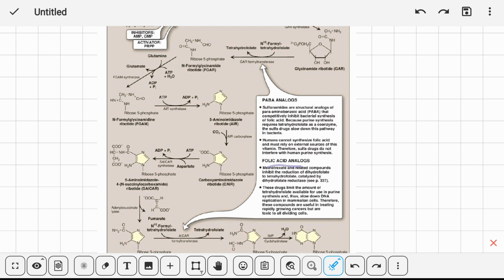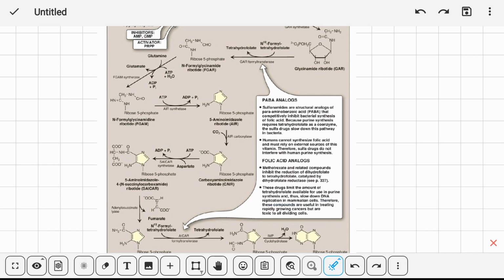Whereas folic acid analogues actually inhibit this entire process in humans. These drugs include methotrexate and some related compounds, which inhibit the reduction of dihydrofolate to tetrahydrofolate, catalyzed by the enzyme dihydrofolate reductase. These drugs limit the amount of tetrahydrofolate available for use in purine synthesis and slow down the entire DNA replication in mammalian cells.